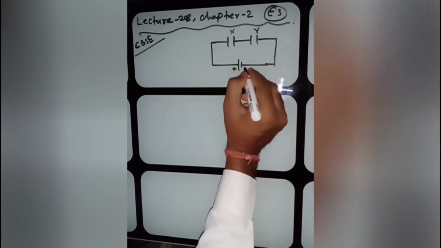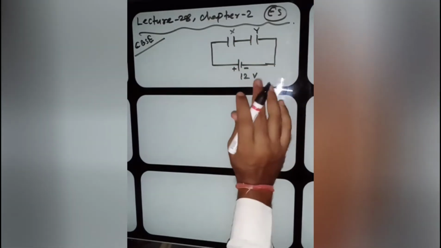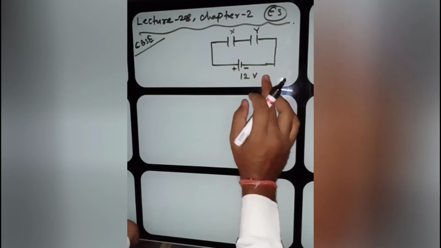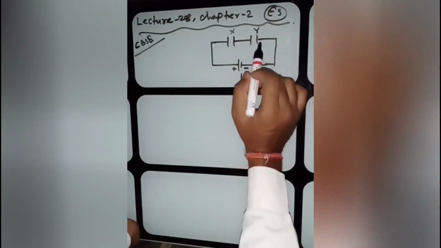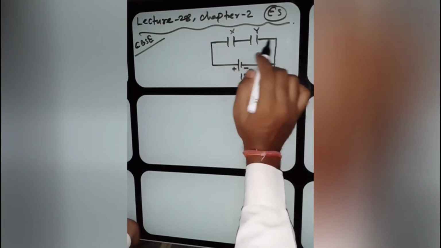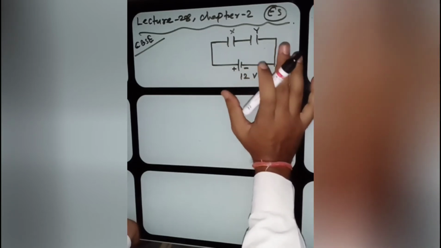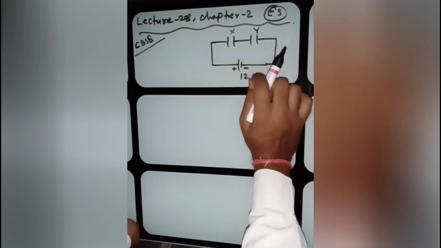If you want to write the complete question, you can write: X and Y are two parallel plate capacitors having the same area of plates and the same separation between the plates.